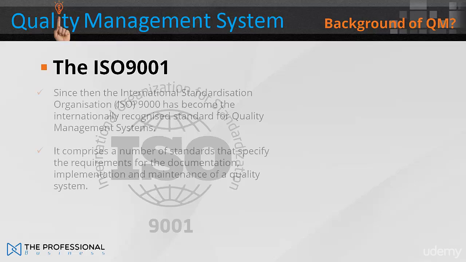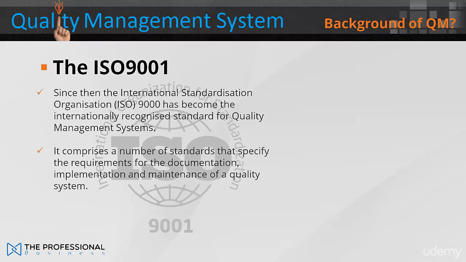Since then, the International Organization for Standardization's ISO 9000 has become the internationally recognized standard for quality management systems. It comprises a number of standards that specify the requirements for the documentation, implementation, and maintenance of a quality system.